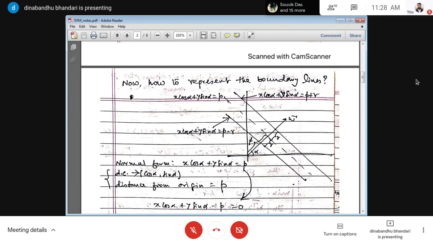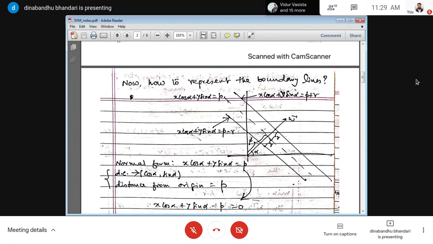Correct? So that is the direction cosines and direction ratios we are familiar with, and we know cos alpha, cos beta, cos gamma is the unit vector along the normal, isn't it? And here, cos alpha, sin alpha is the unit vector in this direction.